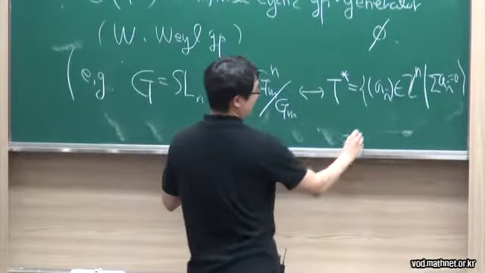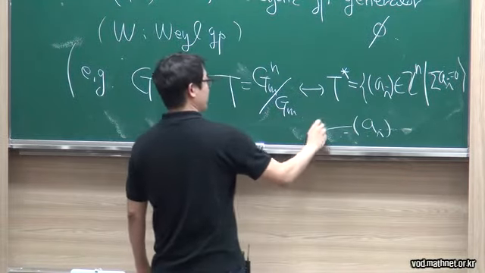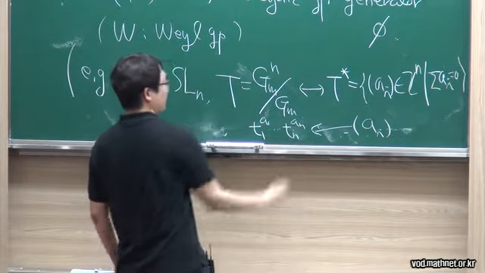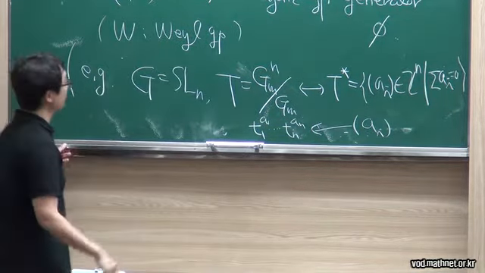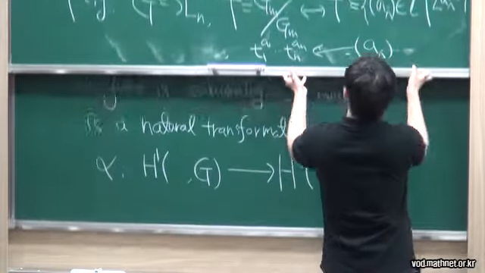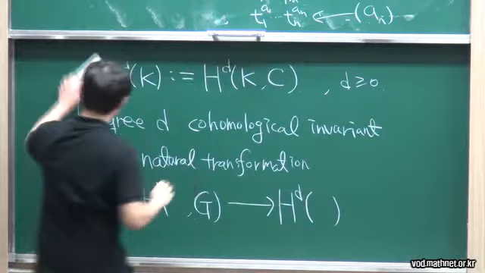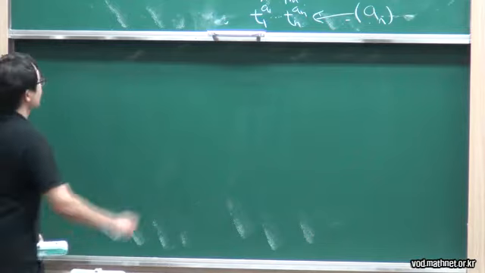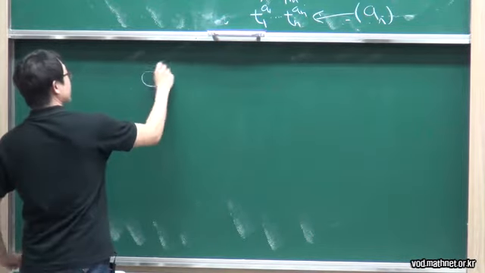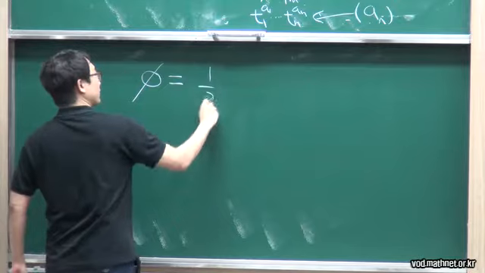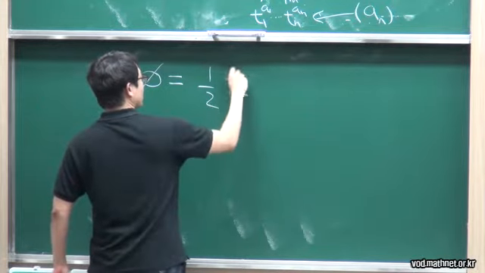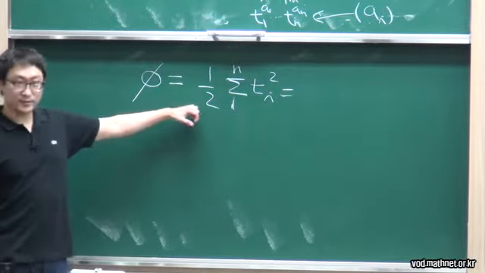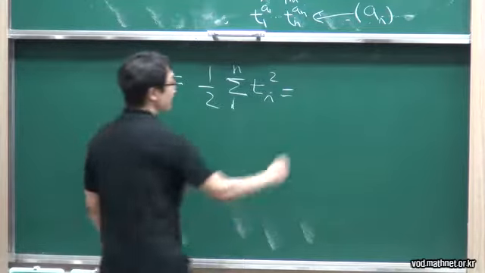So we have such isomorphism, and so in this case, the phi, the quadratic form, is given by 1/2 of the sum of Ti square, but indeed this is an integral quadratic form.